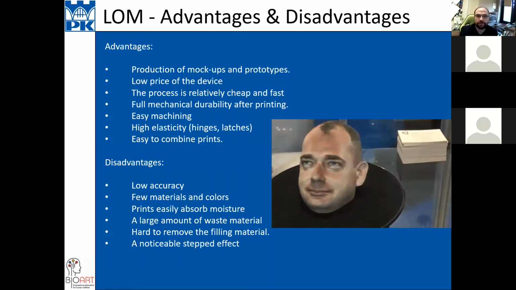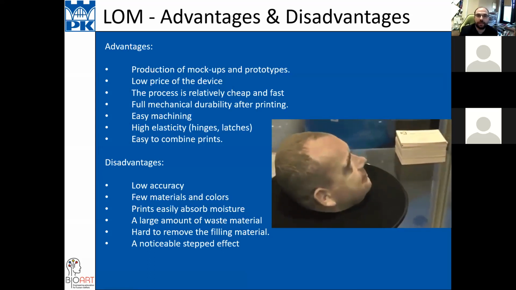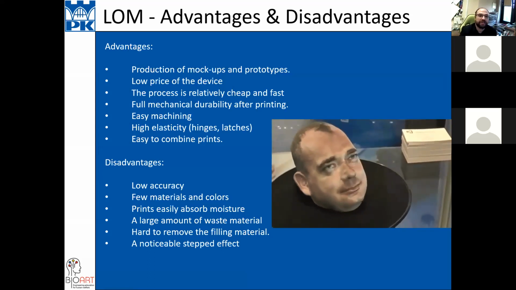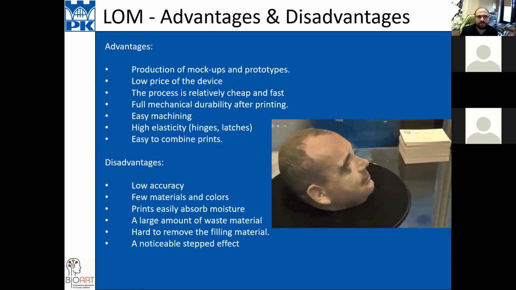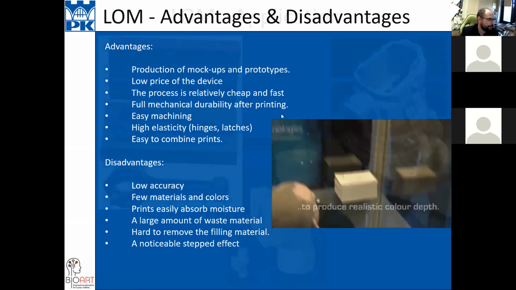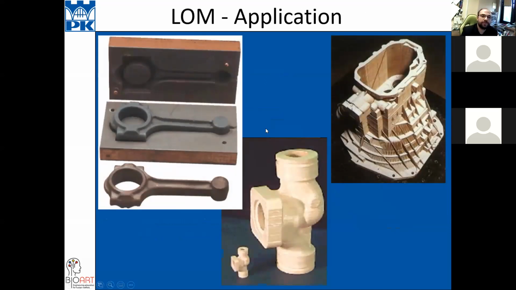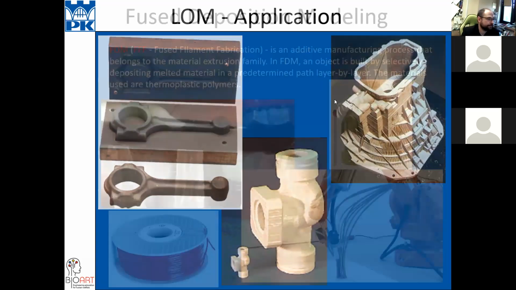But powder is powder, and you can remove it very easily. In this case, when you have a hard paper structure, it's very hard to remove. Okay, but this technique was very good, for example, for casting, to do some modeling, some very big, very huge models. Here you can, for example, see scale 1:1 some parts of an engine, and it was very good with this technique.